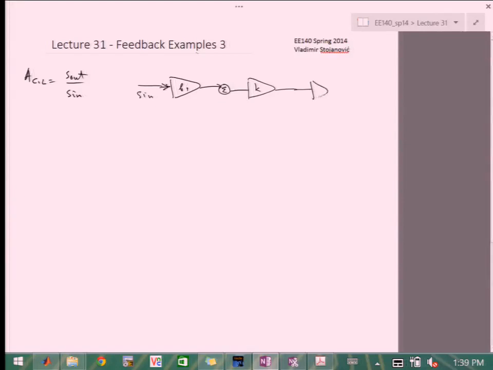Then we have the output network, another summation node, and then S out. We can feed directly forward, where this D represents some feed-forward effect that the feedback network creates. And then the feedback itself is really happening here in H.